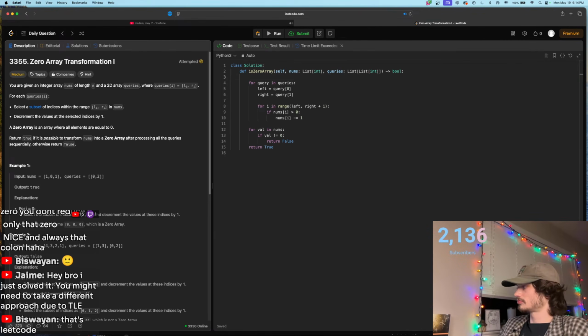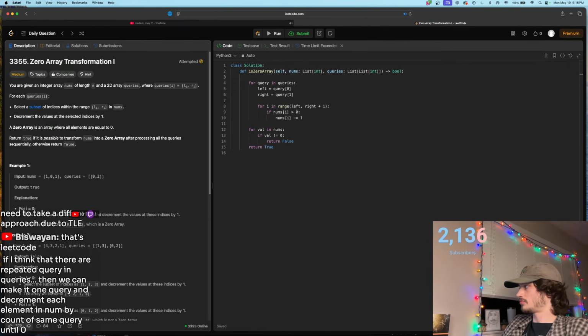So, could I loop through the queries and identify how many duplicate queries there are per index, then just mass reduce the index value from nums by that occurrence?